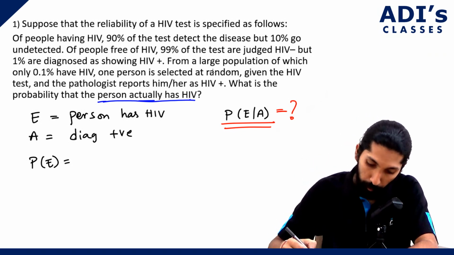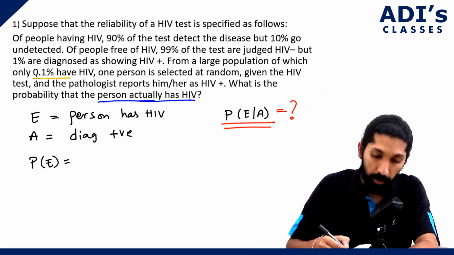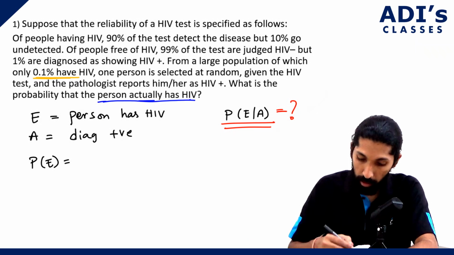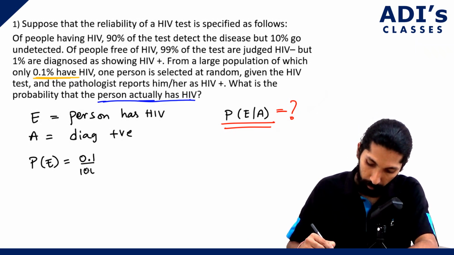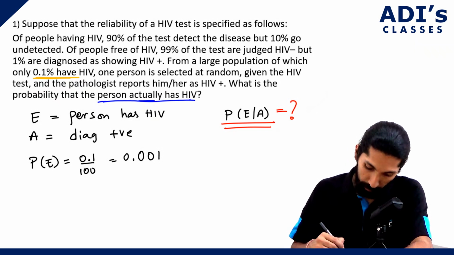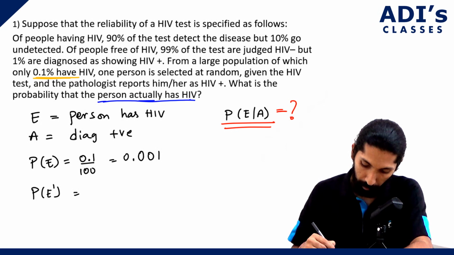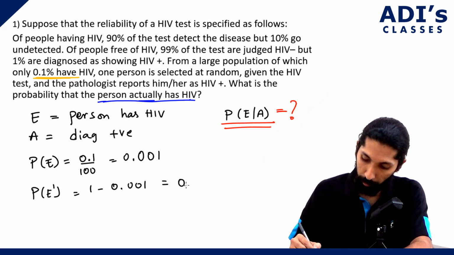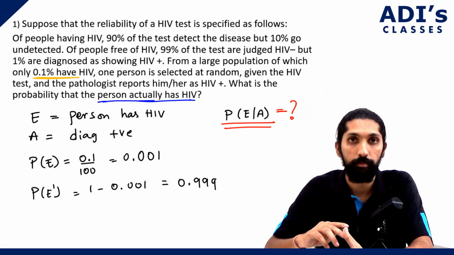It says from a large population of which only 0.1% have HIV. That means P of E is going to be 0.1%, 0.001. So the probability of the person not having HIV, P of E complement, would be 1 minus 0.001, which is 0.999. This much we know, right?